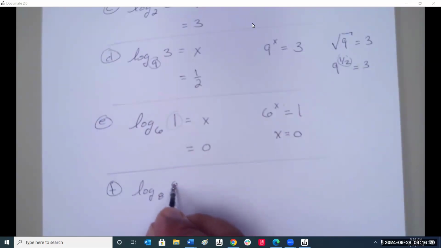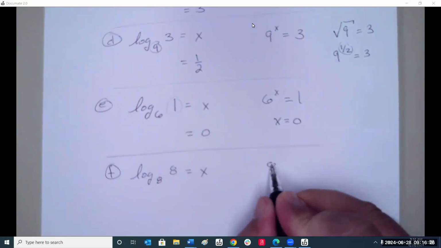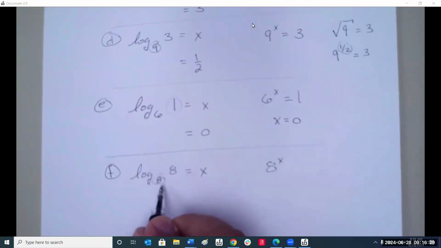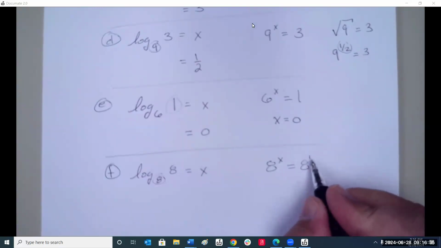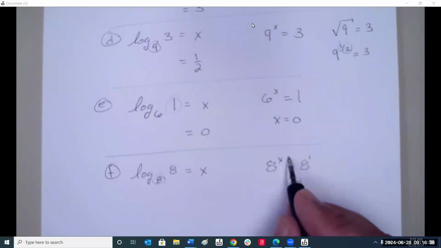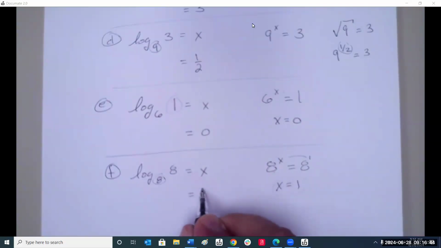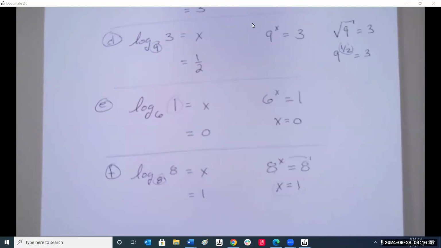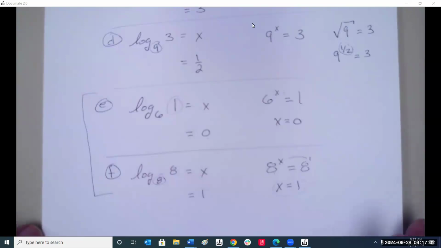Log base 8 of 8 equals some number x. What power does 8 have to be raised to equal 8? Since the bases are the same, the exponents have to be the same. So x is equal to 1. These two are actually properties that we're going to spend a lot of time looking at.